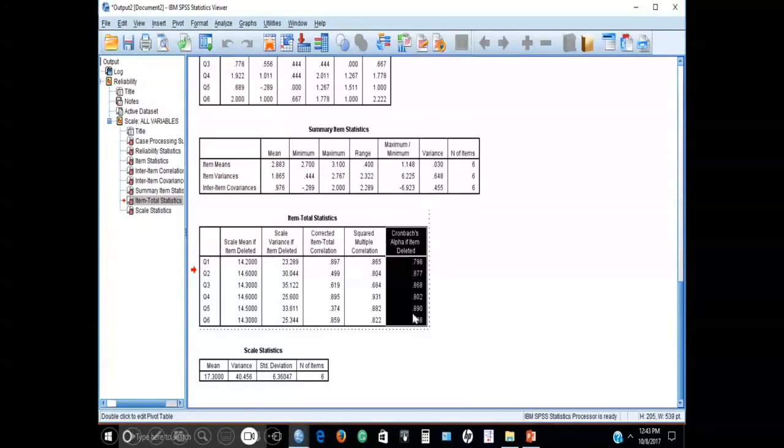That last column, last table in black. And then at the very bottom, that small table tells you the variance for your test, for all of those questions, total variance.